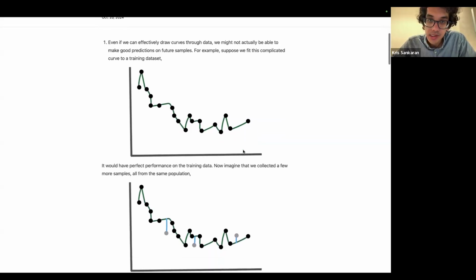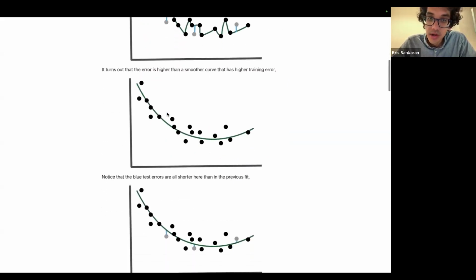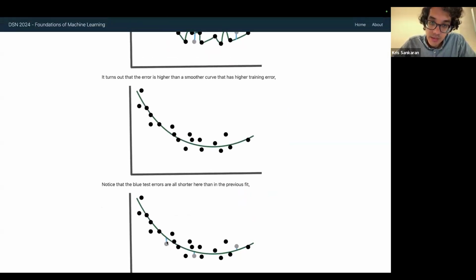The reason is, if the gray points are new data points, you get quite high error when you use this rule, which just interpolated the data. The length of the blue line is relatively high here, versus if I had drawn a smooth curve, the length of the blue lines for the new points is relatively small.